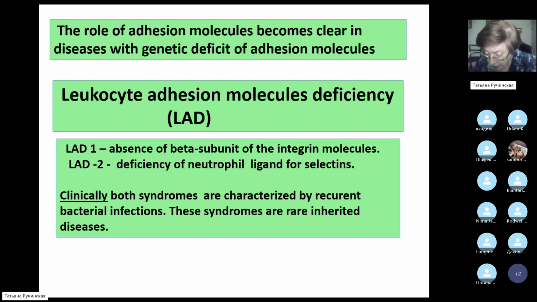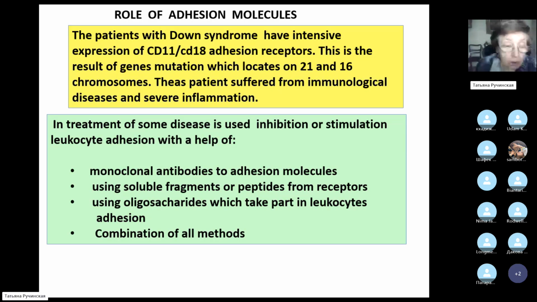And what will happen if there is a deficit of adhesion molecules? There are questions in the colloquium. What is the complication when there is a deficiency of adhesion molecules?